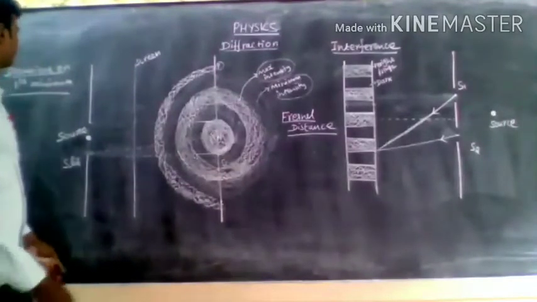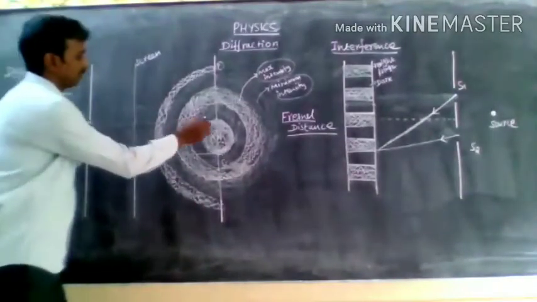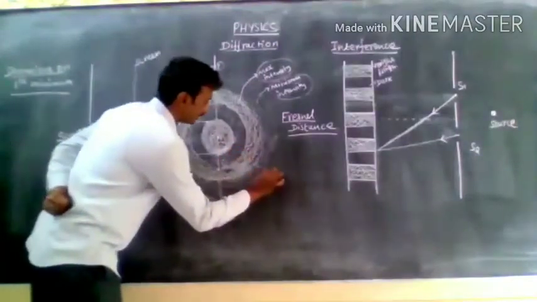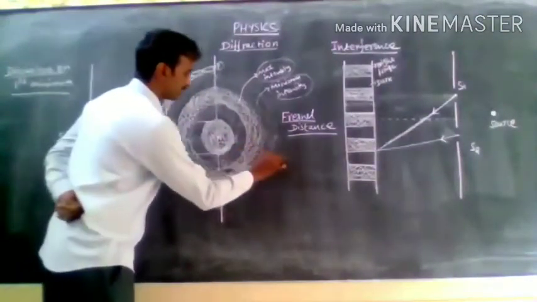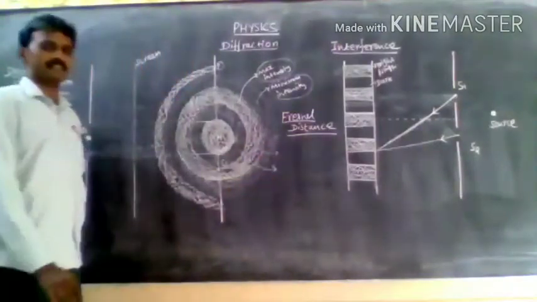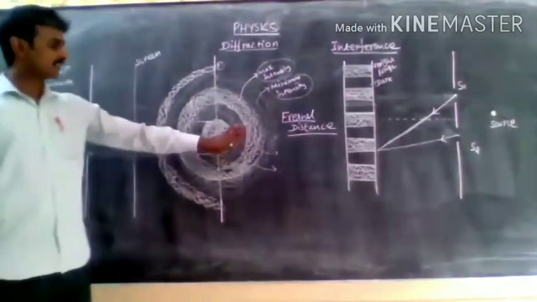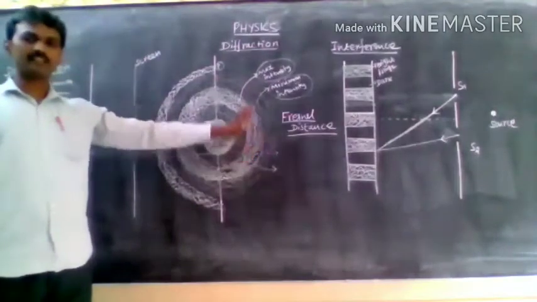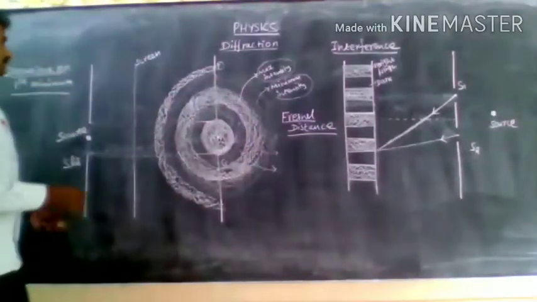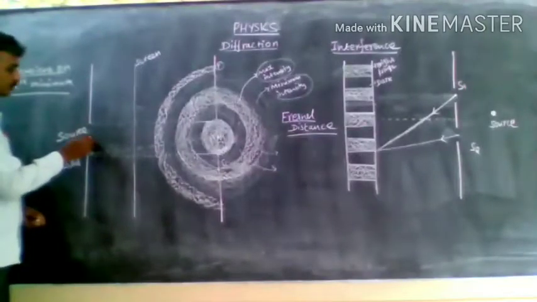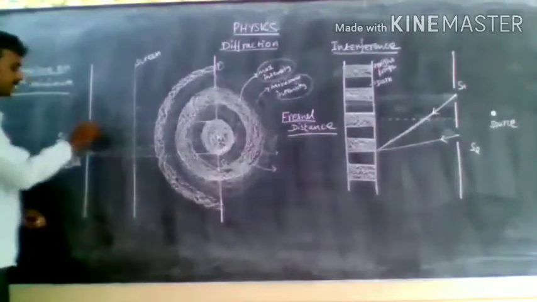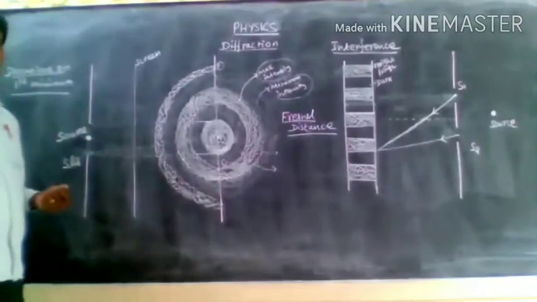Okay, now come to the conclusion. What is the condition for obtaining the minimum intensity in diffraction, and what is the condition for obtaining the maximum intensity in the diffraction pattern? These were already discussed in the last class. In order to get the minimum intensity, you split the slit into an even number of parts.